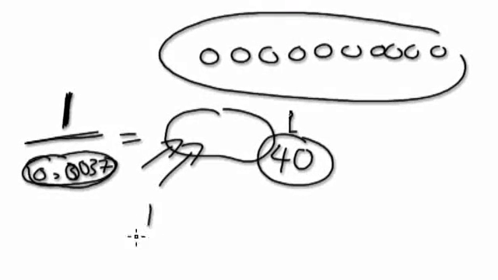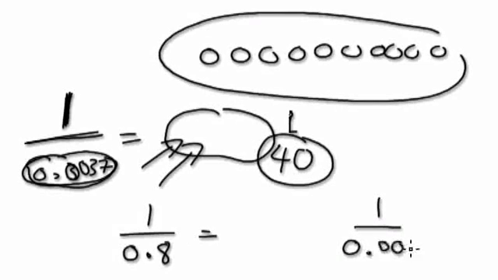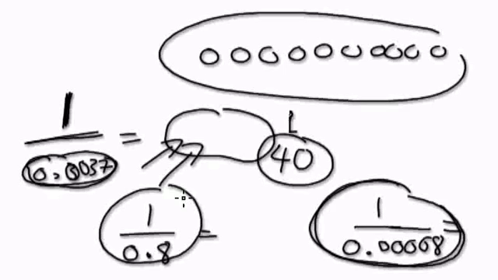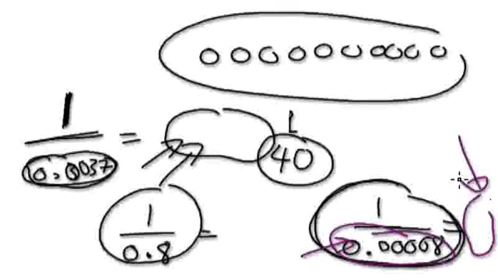And look at this here: 1 divided by 0.8, and then 1 divided by 0.00008. The answer to this is a lot bigger than this. You see, as you make this smaller, the answer would be a lot bigger. The smaller this thing is, the bigger the answer will be. I know it's weird. Just accept it.